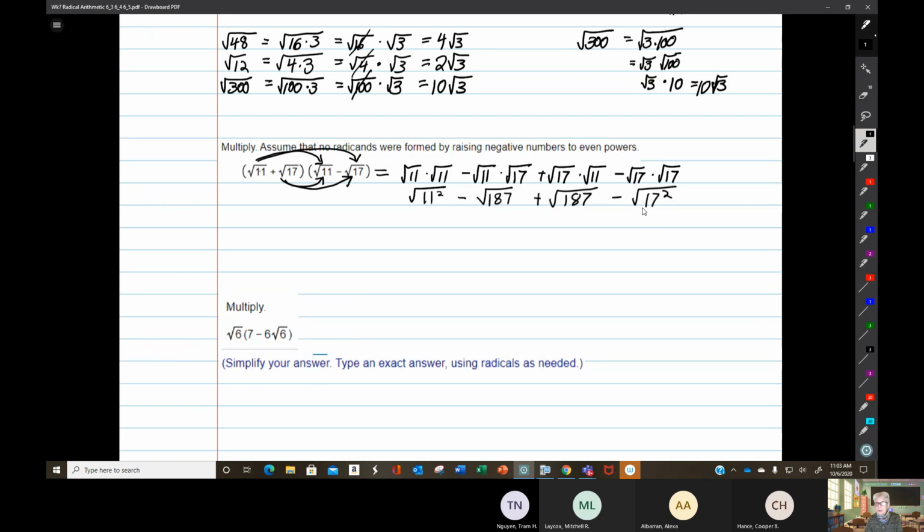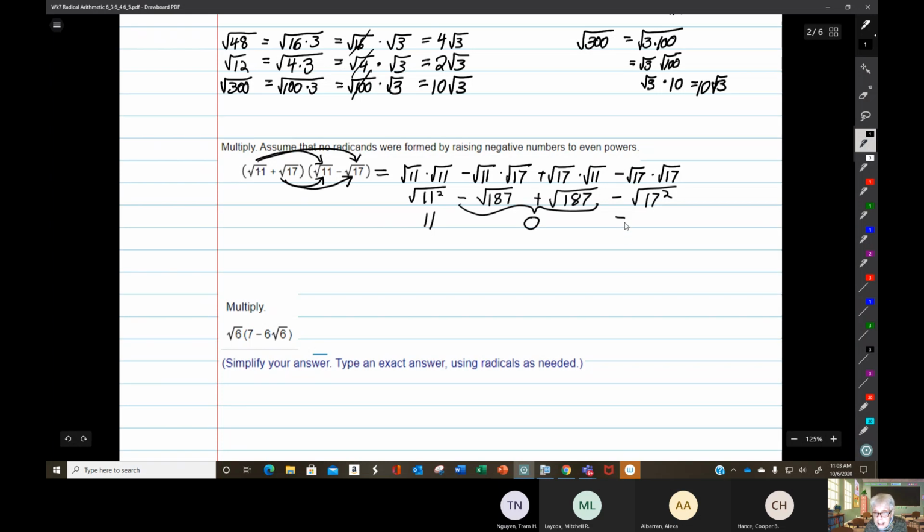The rest of this is really easy to do by hand, because look what happens. You've got minus the square root of 187 plus the square root of 187, which is the square root of 187 minus the square root of 187. That's 0. Meanwhile, the square root of something squared is the something. The square root of 11 squared is 11.